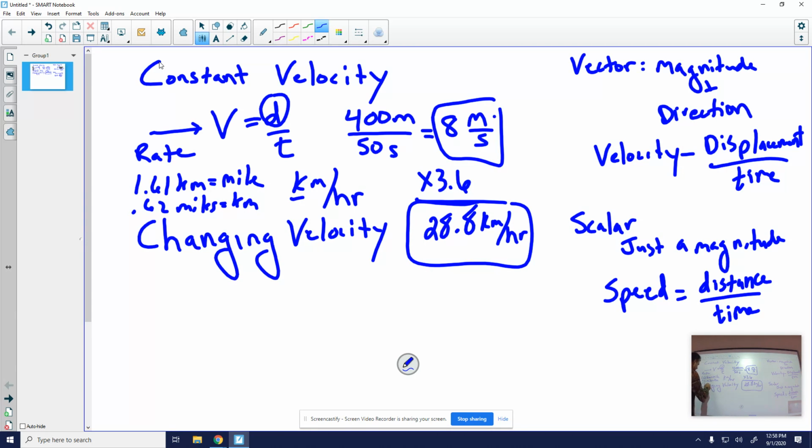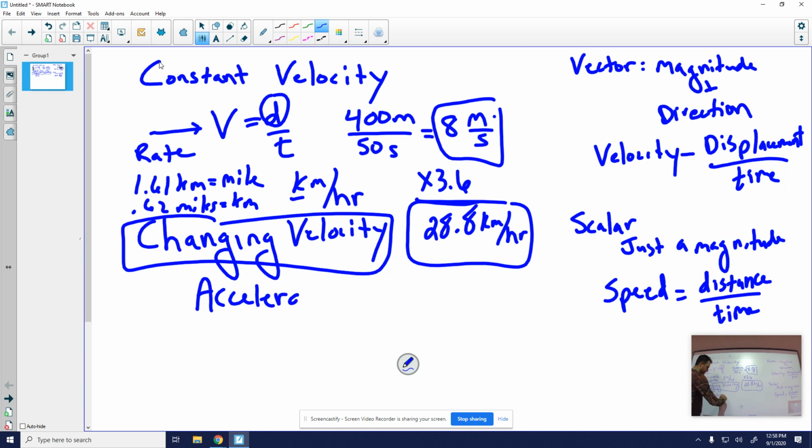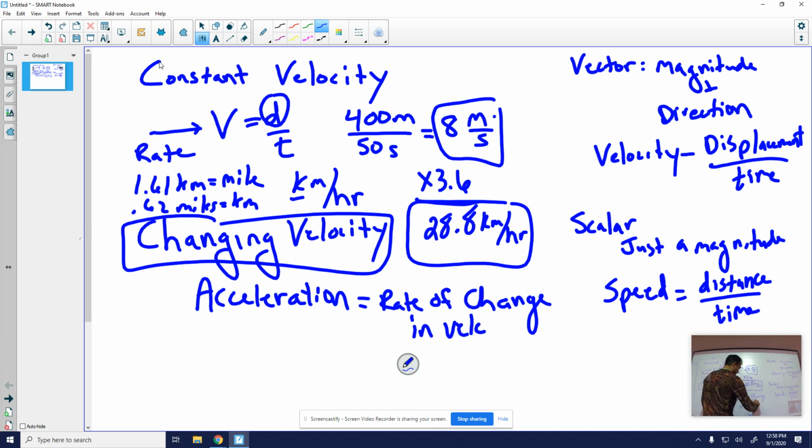Right, changing velocity, a synonym for that is acceleration. And that is the rate of change in velocity, to be exact. Which means that it's going to be the change in velocity over time.